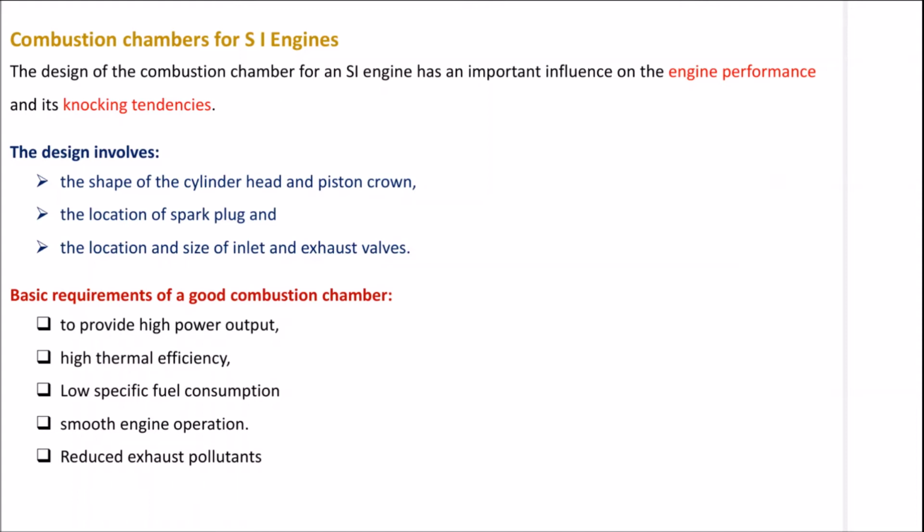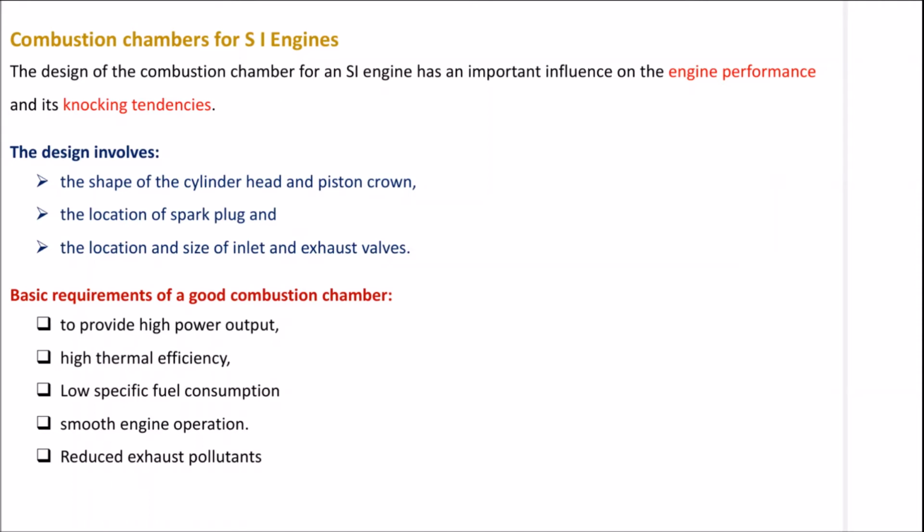Okay, what are the basic requirements for a combustion chamber to be a good combustion chamber? The first one is, a good combustion chamber should provide high power output. Okay, power output should be high enough to fulfill the engine requirements. ठीक है, the second one is the high thermal efficiency.